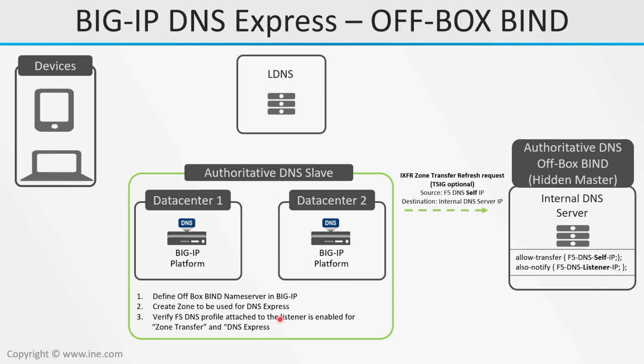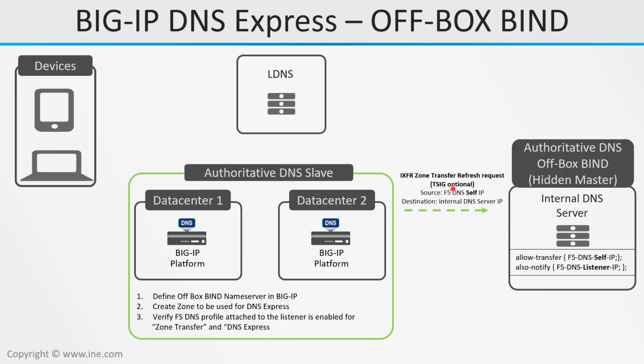Okay, so let's take a look at the flow. So first, the F5 DNS can be used to send a zone transfer request, and a TSIG key is optional to hash the data and then use the key to decrypt it.